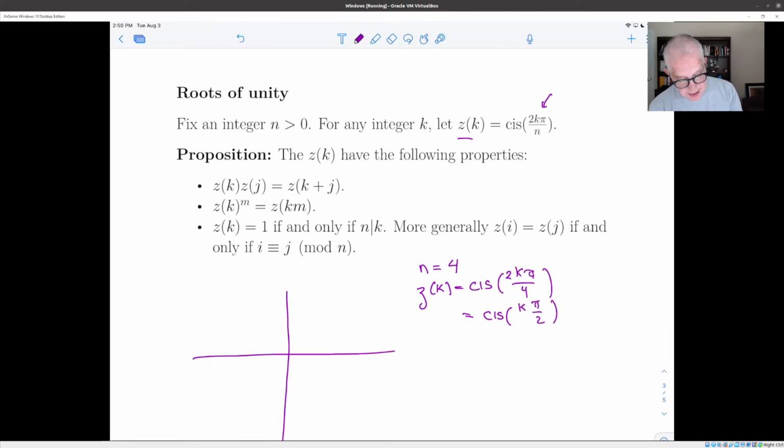And so if k is 0, that's 1. If k is 1, that's cis of pi over 2. Cis of pi over 2 is the complex number which has an angle pi over 2. That's what we normally call i. Then, sorry, k is 2, which is cis of pi, that's negative 1.